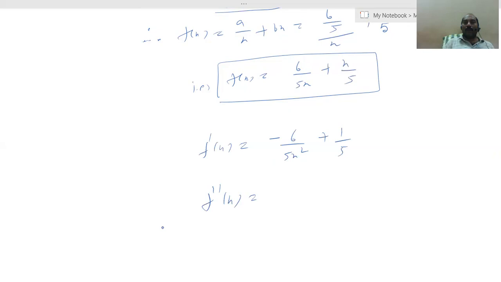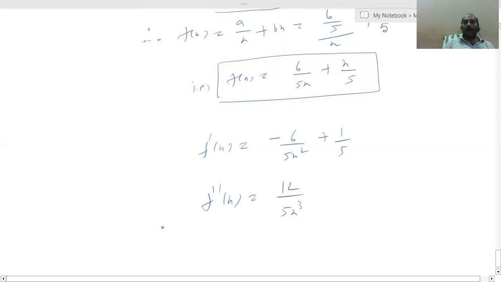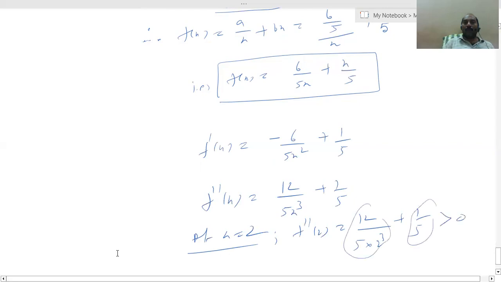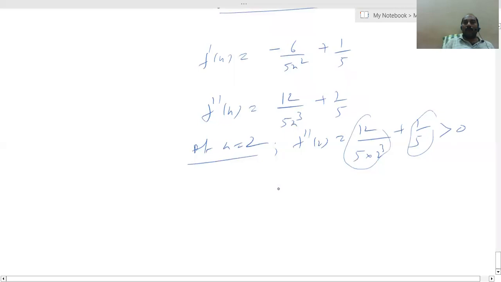Solving f dash x equal to 0 is not necessary, because they already provided the root. f double dash x becomes 12 by 5 into x cube. At x equal to 2, f double dash 2 becomes 12 by 5 into 2 cube. This is positive. Therefore, f double dash 2 is positive.